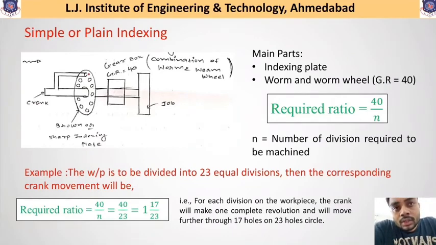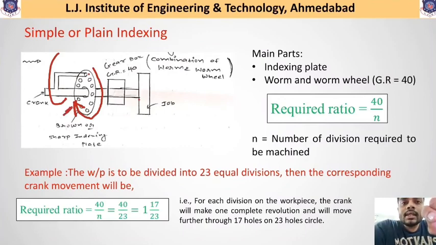Now rotate this crank by 17 holes. Suppose up to here 17 holes are available. So now the crank will be rotated from the initial position up to 17 holes and stop over here, and due to this, the rotation given to the job will provide you one division, and you perform the machining operation.